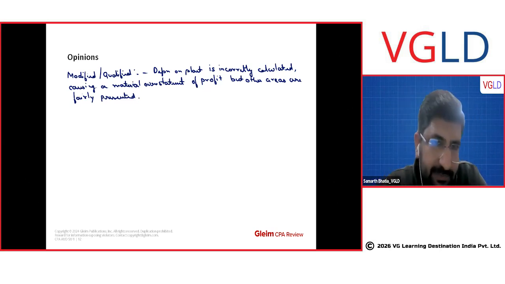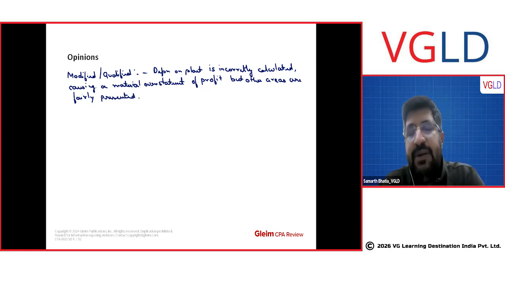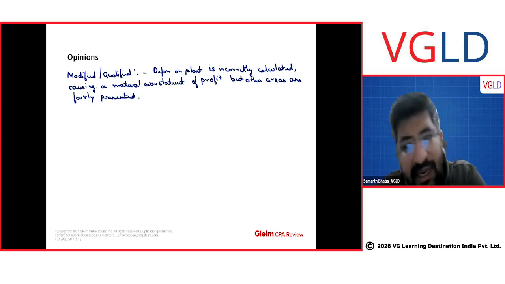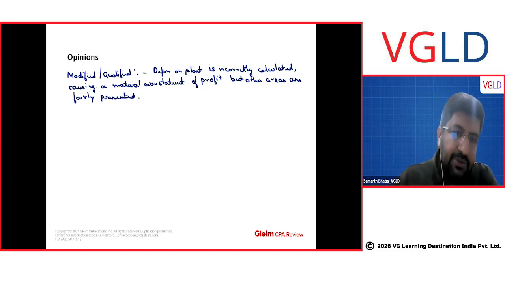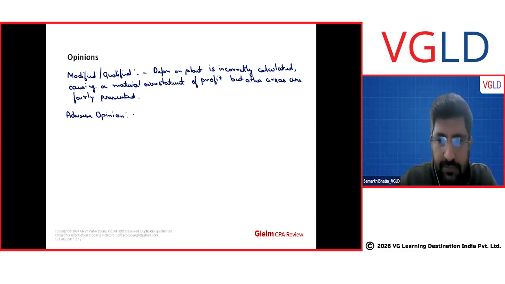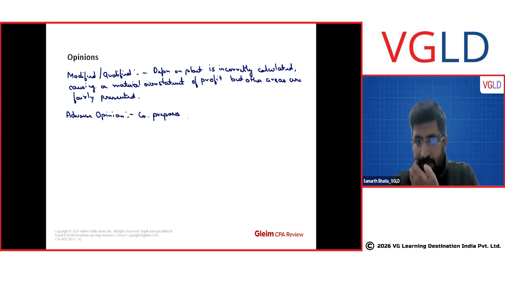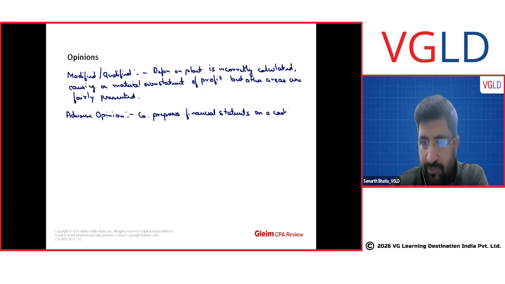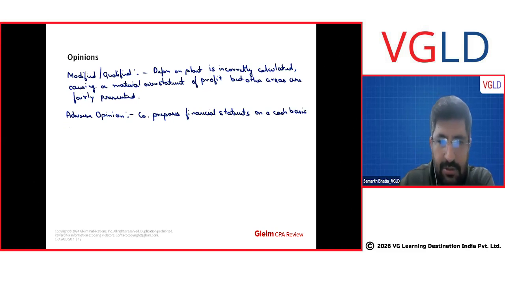Next is adverse opinion. When the misstatements are material and affect the financial statements as a whole, it will lead to an adverse opinion. I can take an example. The company prepares the financial statements on a cash basis instead of the required accrual basis.